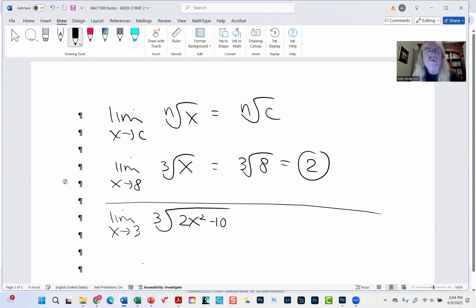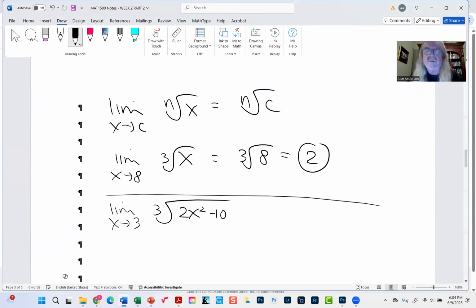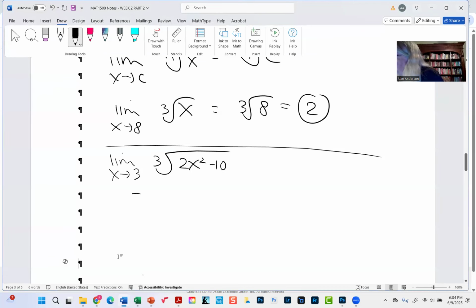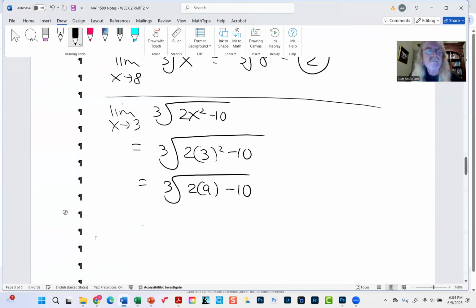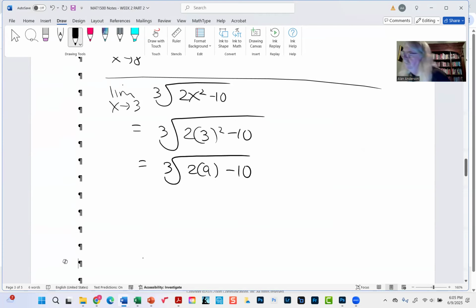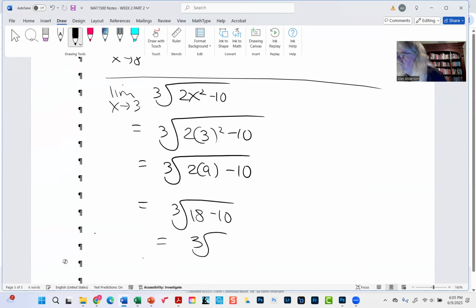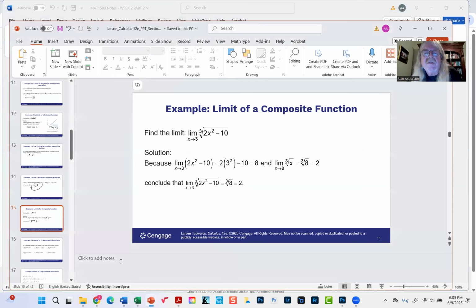Okay, so direct substitution would give us the following result. All right, so we have 2.